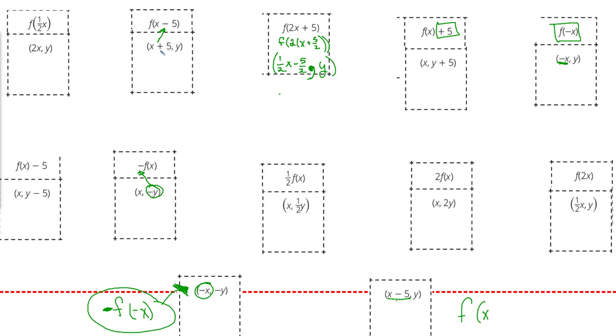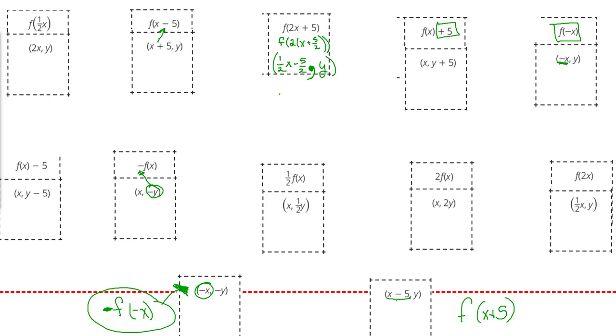If plus 5 was created with a minus sign, what do you think minus 5 is going to be created with? Plus sign. So when we're changing our X, it's inside the function and it's opposite.